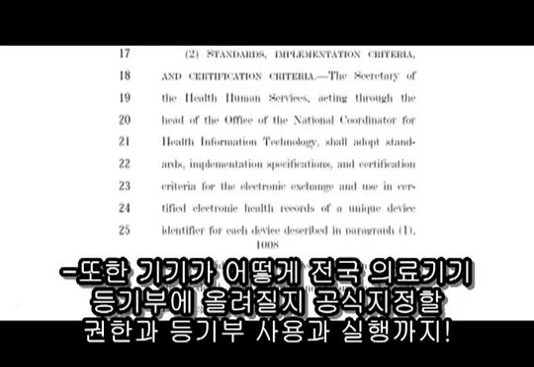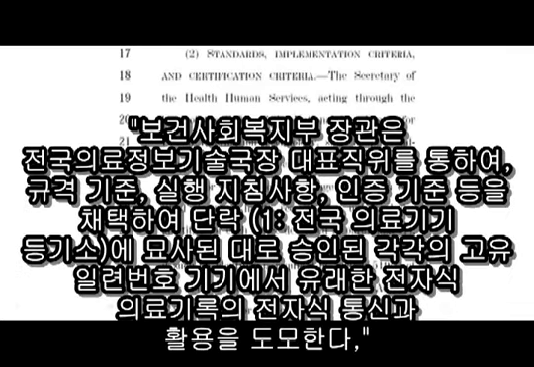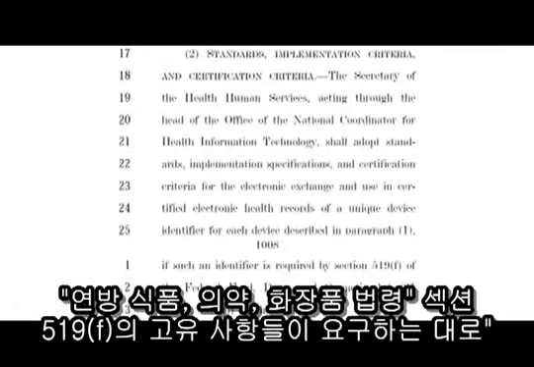The Secretary of Health and Human Services, acting through the head office of the National Coordinator for Health Information Technology, shall adopt standards, implementation specifications, and certification criteria for electronic exchange and use in certified electronic health records of a unique device identifier for each device described in paragraph 1, National Medical Device Registry, if such an identifier is required by Section 519 of the Federal Food, Drug, and Cosmetic Act.